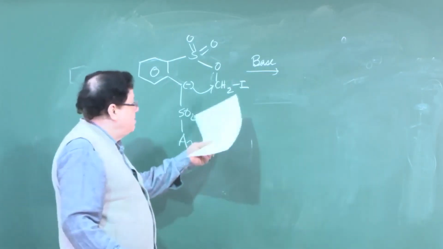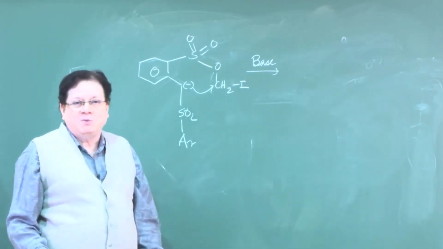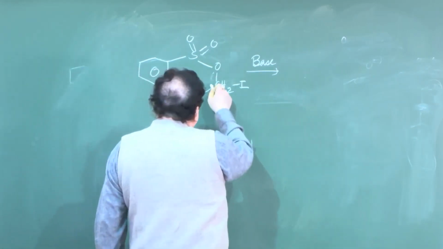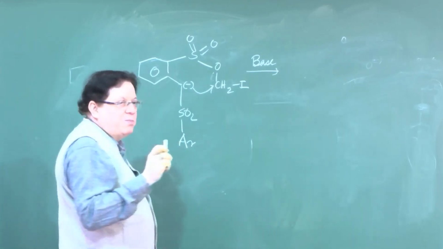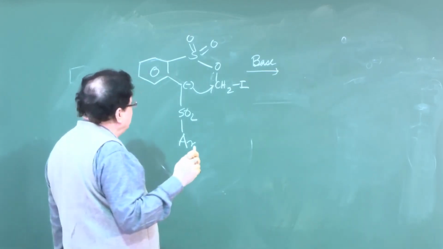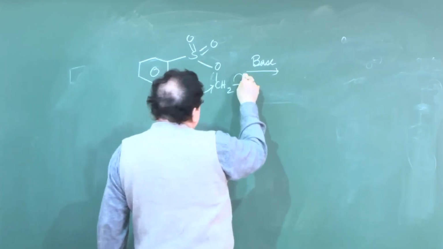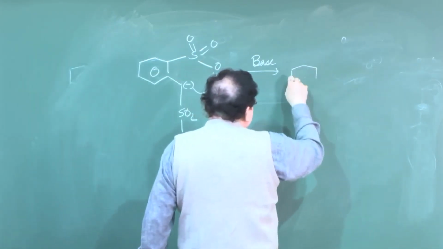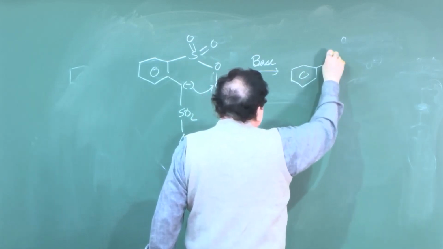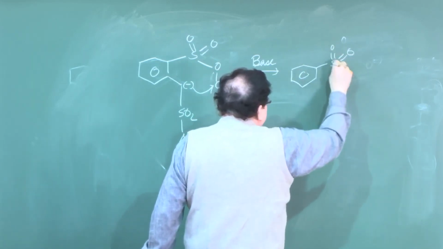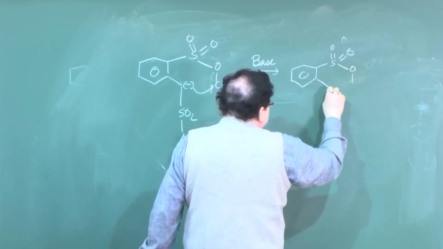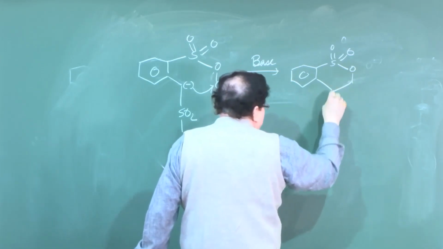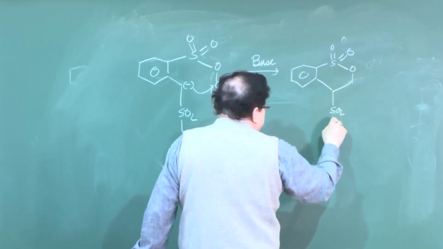This is nothing but an intramolecular SN2 displacement. So, it can adopt what is required by the stereoelectronic rule, and then the iodine leaves, and you will get SO2, then CH2, and then you have SO2Ar.